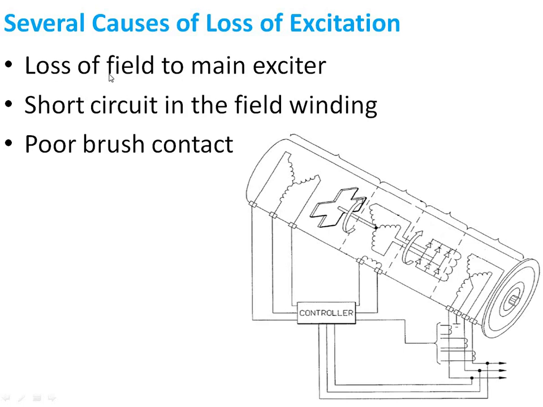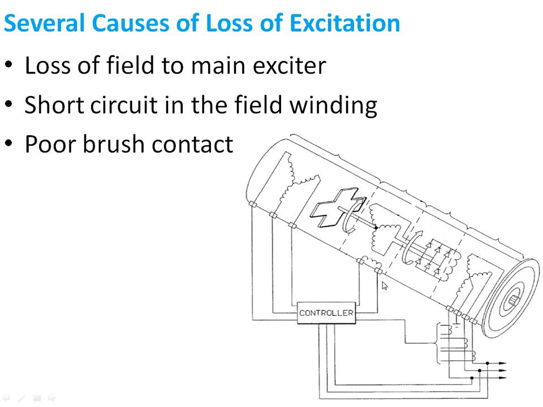So, loss of field to main exciter. For this main exciter, there can be a failure of the field. If there is a failure of field, this will not generate the output. Then, short circuit in the field winding.